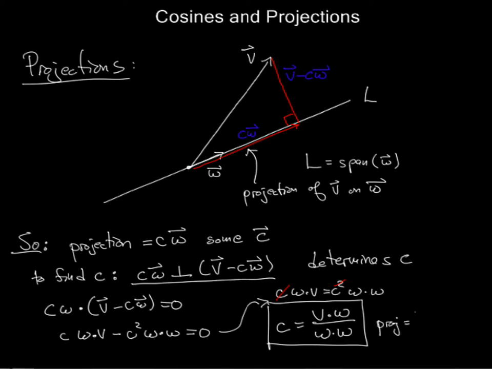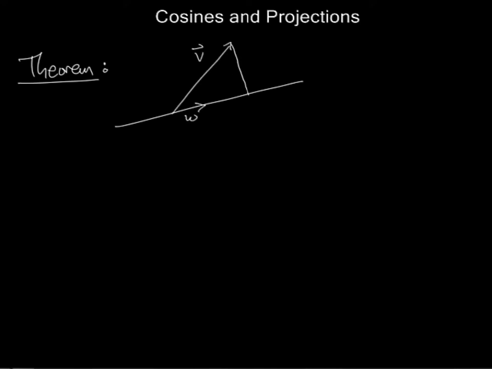And that is to say that the vector itself is this scalar V dot W over W dot W times the vector W. Okay, so let's summarize that. The theorem is the following. We have a vector, and we have a line, which is the multiples of a vector w.